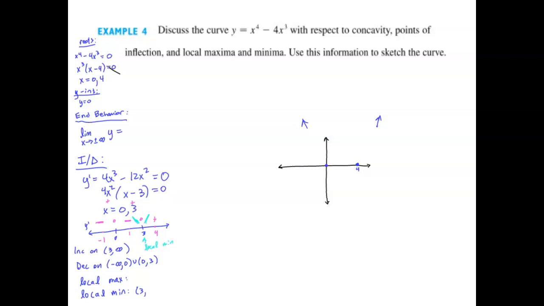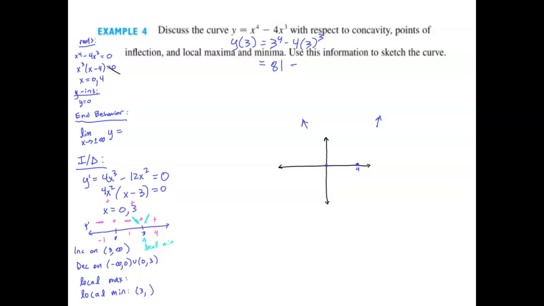To figure out what it is, I can plug in 3 to my original function. So y of 3, that's 3 to the 4th minus 4 times 3 cubed, which is 81 minus 4 times 3 to the 3rd.